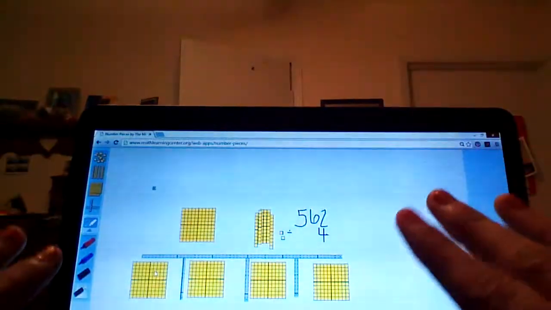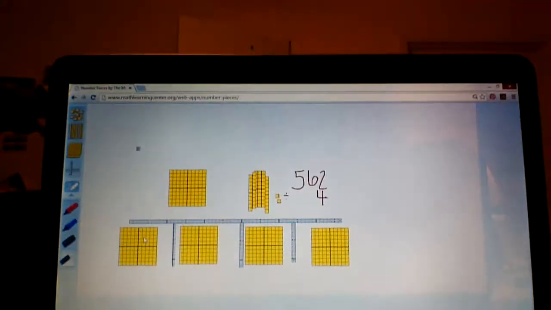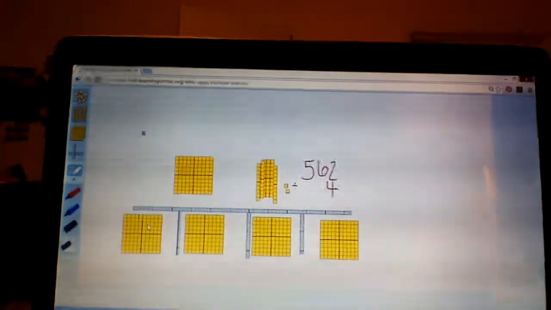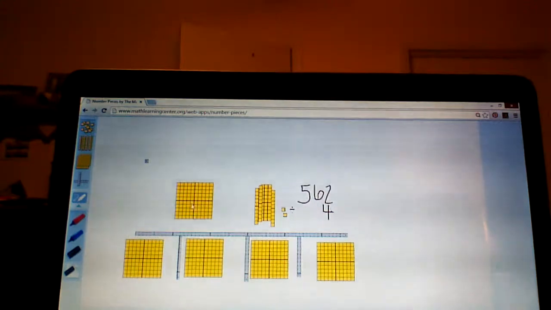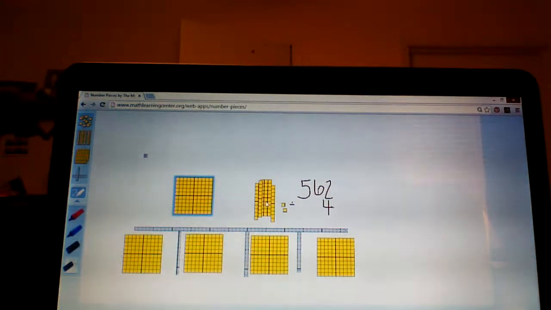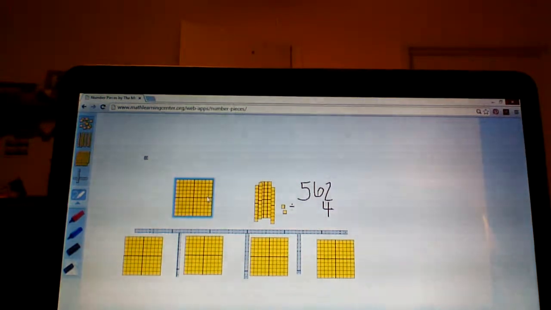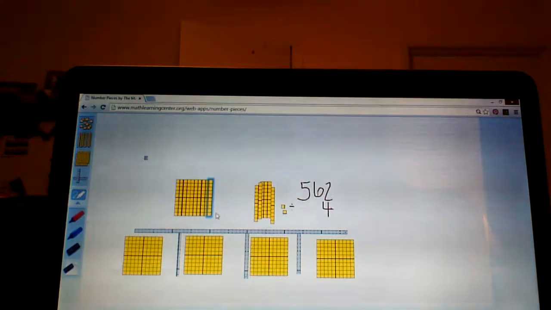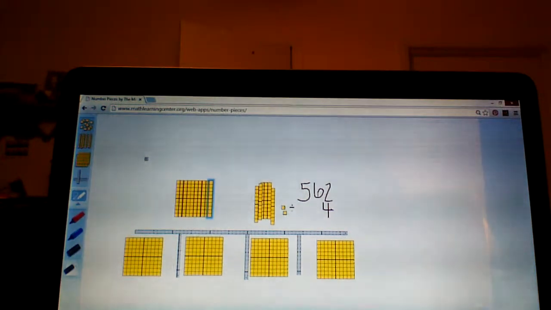So what I need to do is make these into 10s. I need to make these into longs. Now we're going to do longs because we don't have any more flats to evenly distribute.